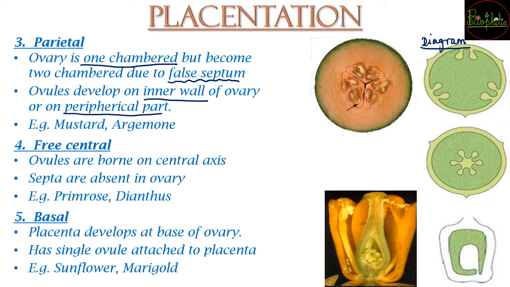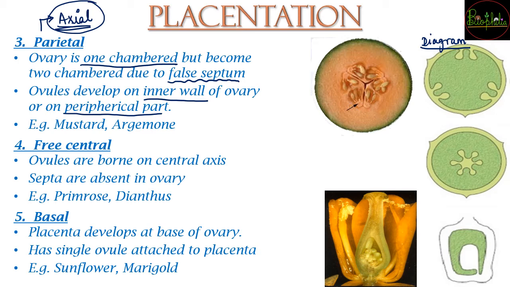So you should always remember the difference between axial and parietal. If you are asked to identify from a diagram, you should know the difference between parietal and axial placentation. So go through the video once again and try to remember the difference between the two.